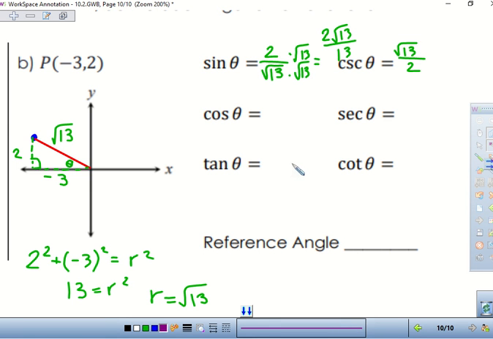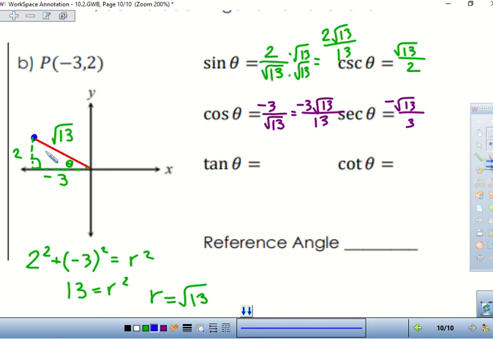Cosine. That's going to be adjacent over hypotenuse. We take the reciprocal of that, but we have to rationalize this. So this rationalizes to -3 radical 13 over 13.